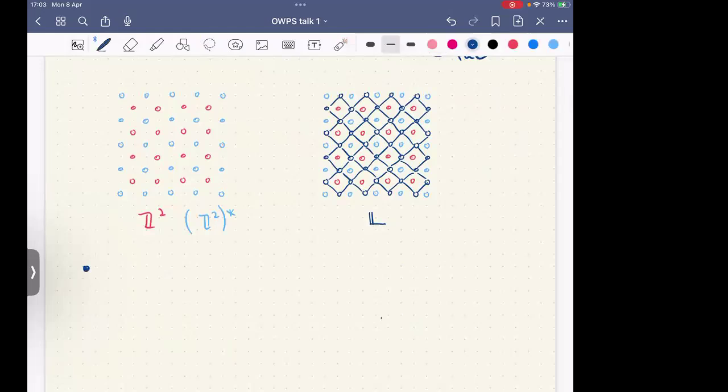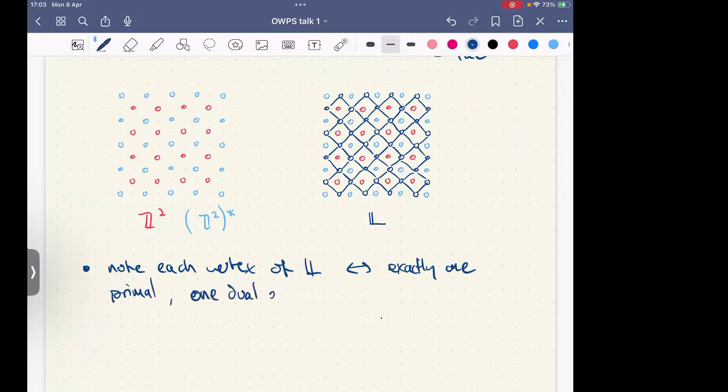So as I said, note each vertex of L is in projection with exactly one primal and one dual edge. Okay, one of these is north oriented, and the other is west oriented. Depends where you are on the lattice as to which one is which.